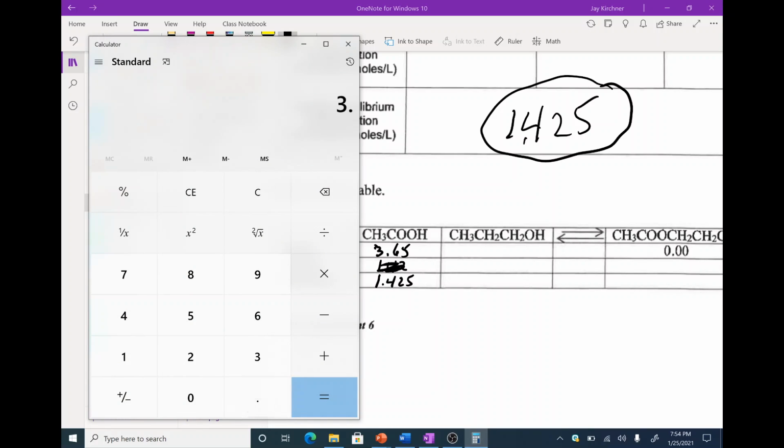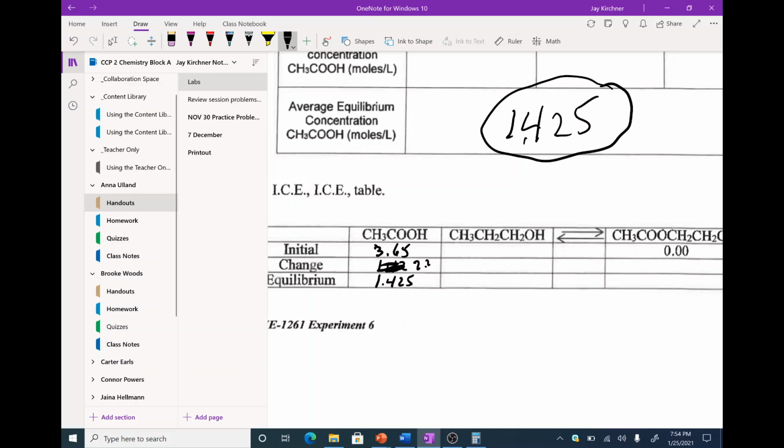3.65 minus 1.425 equals 2.225. And by the way, our initial concentration of this should also be the same, 2.225.